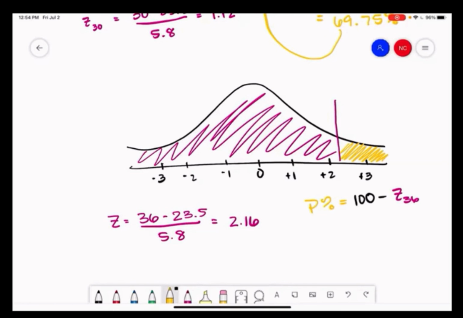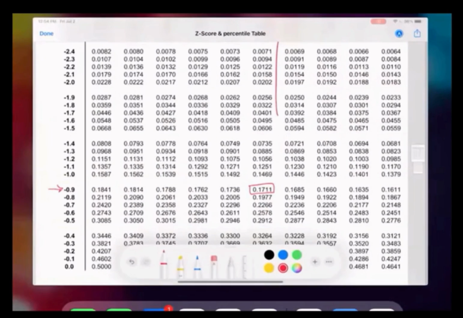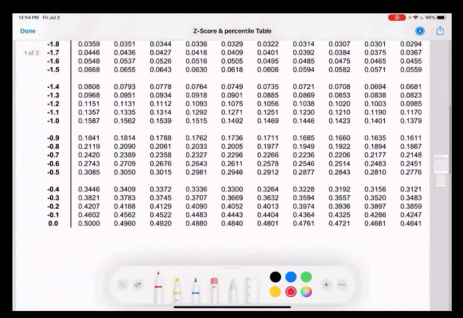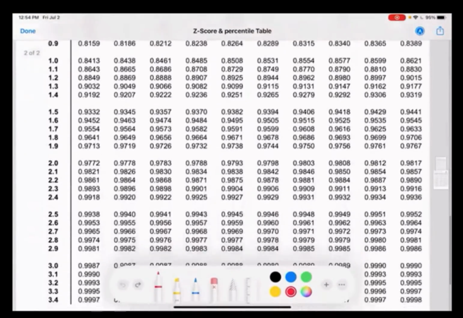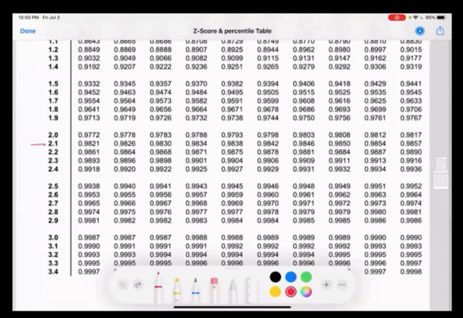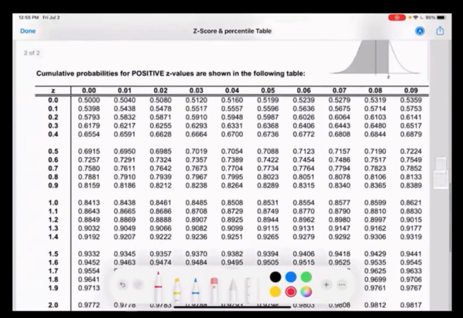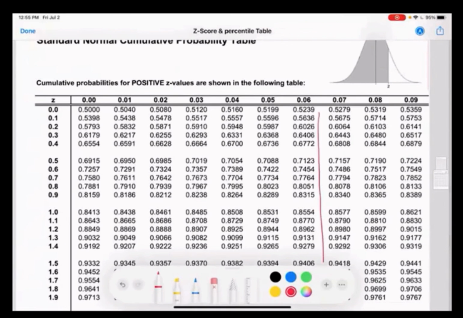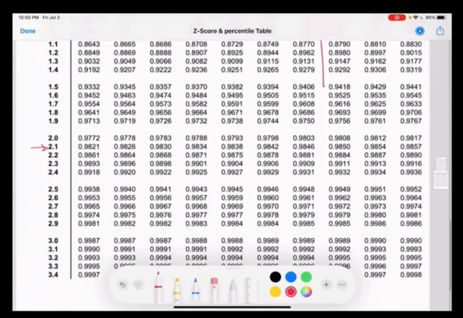So we can look this up on our z-table, right? Looking 2.16. So we're going to the positive one. Okay, so 2.1. And then column for 6 is over here. Right, so we're looking at a percentile or percentage value of 98.46%.